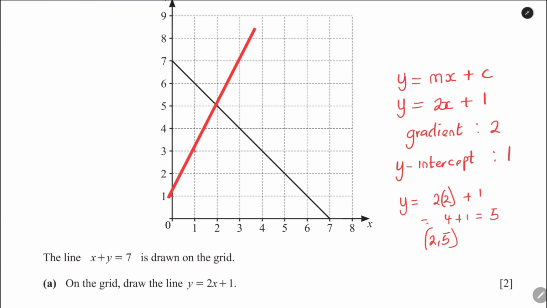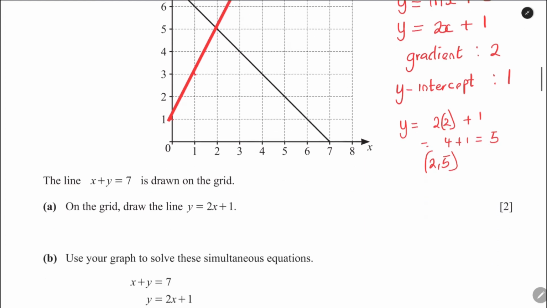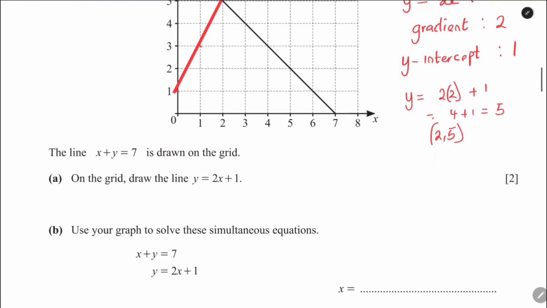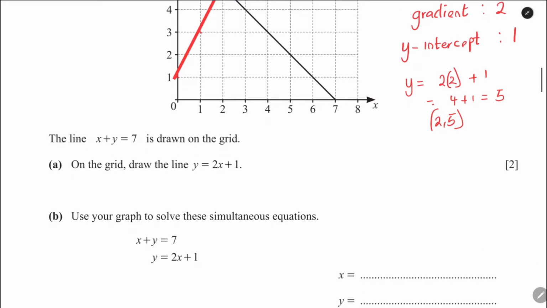Now we've been asked to use our graph to solve this simultaneous equation. You might be wondering, there's no simultaneous equation anywhere. No, you do have a pair of simultaneous equations. How? You have 2 equations given originally, the same equations that have been written down here.